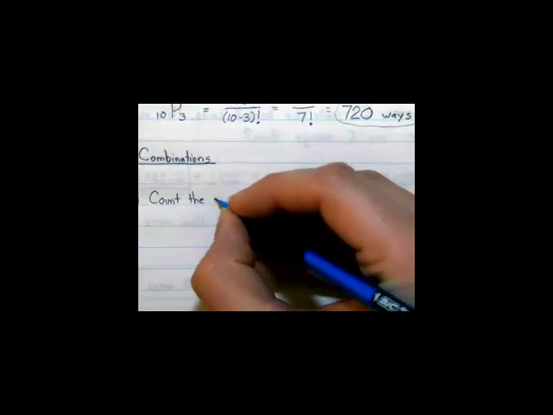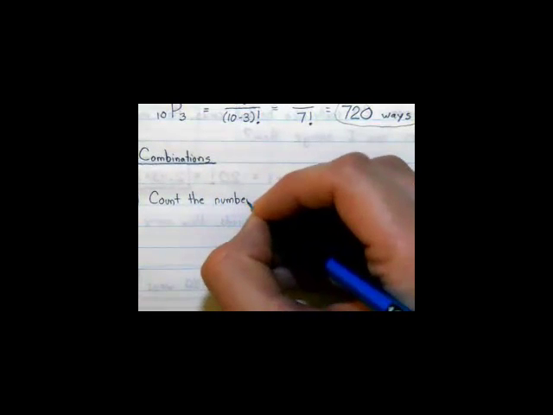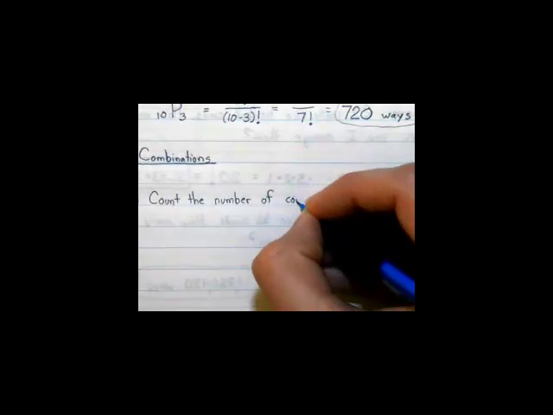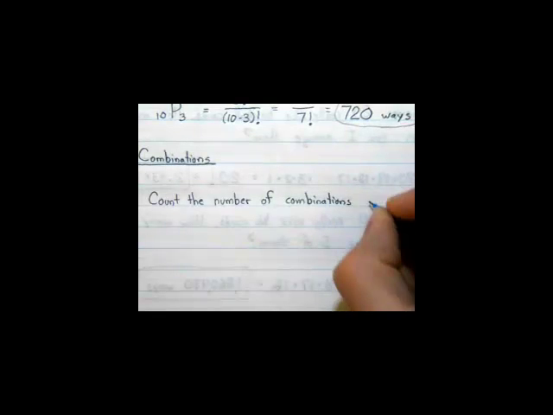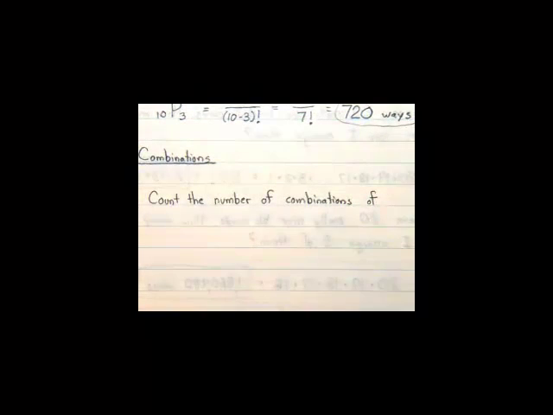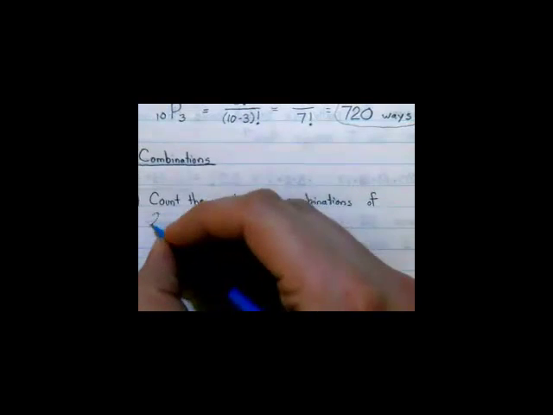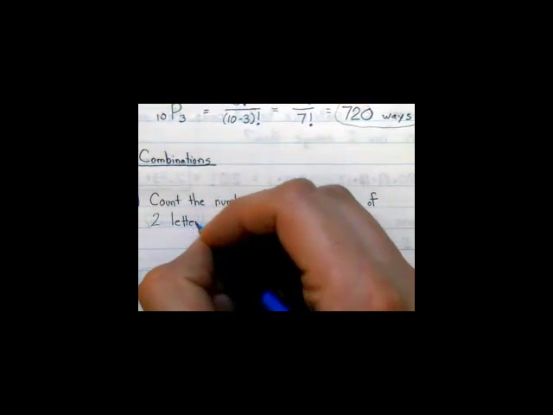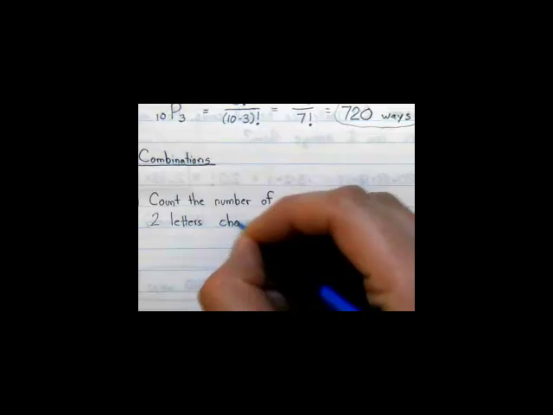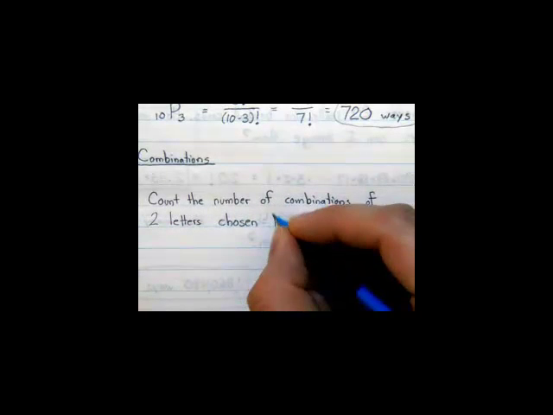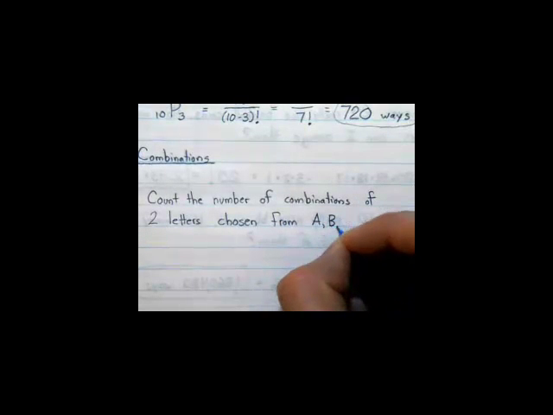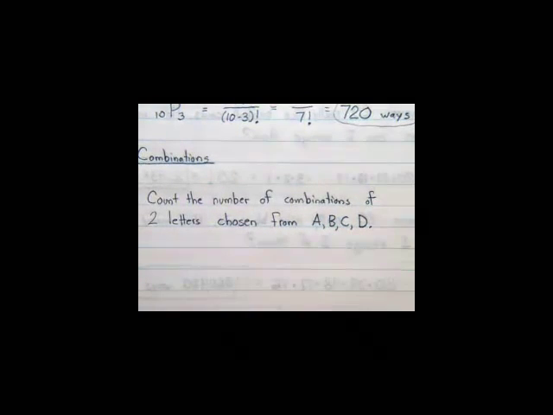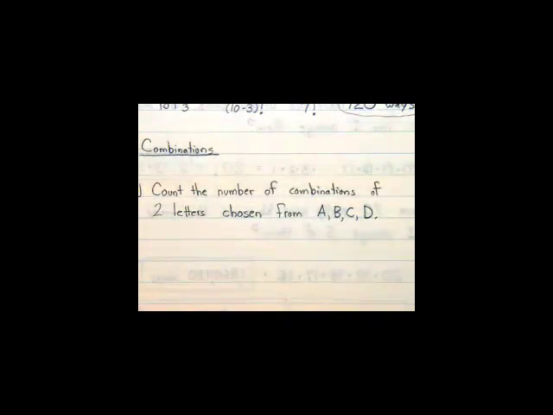So we're going to count the number of combinations of, let's pick 2 letters chosen from A, B, C, D. Now this one is actually small enough that you guys could just write them all out.